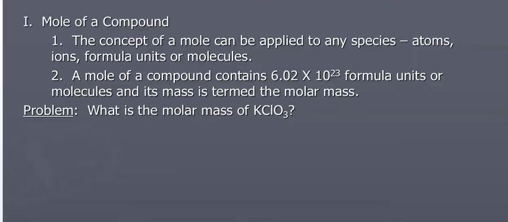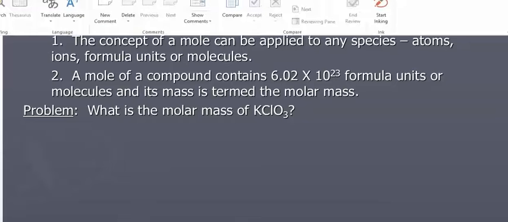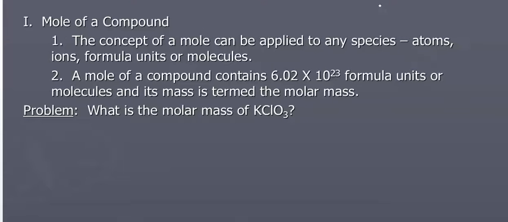The concept of a mole can be applied to any species, whether they're atoms or ions or molecules. A mole contains 6.02 times 10 to the 23rd formula units or molecules, and its mass is termed the molar mass. So if I want to know the molar mass of KClO3, I could set it up like this.